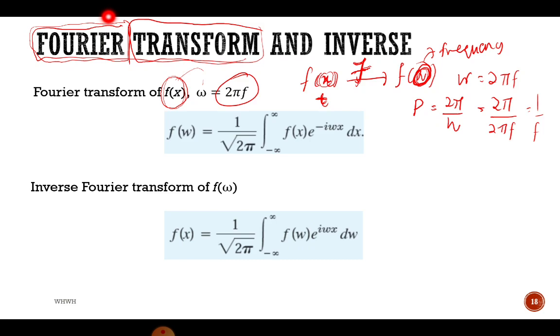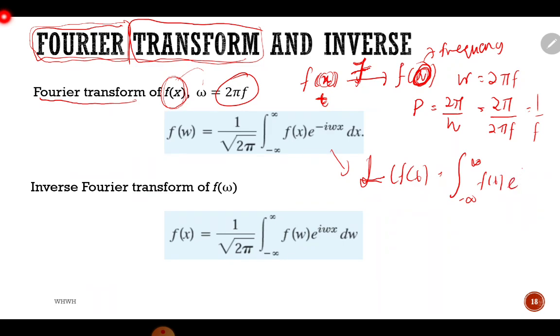So for its formula, there are two formulas. First is to find its Fourier transform. This is actually the conventional method, same as Laplace. Remember at the beginning of chapter 3 when I introduced Laplace transform, for a function f(t), the conventional method is to integrate from negative infinity to infinity f(t) e to the power of minus st dt. Remember? So this is for Laplace.